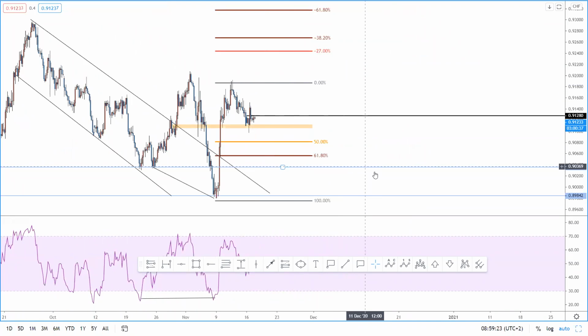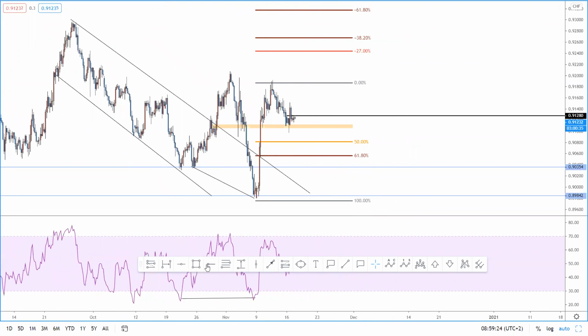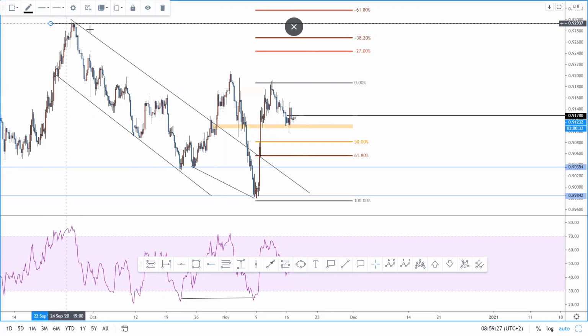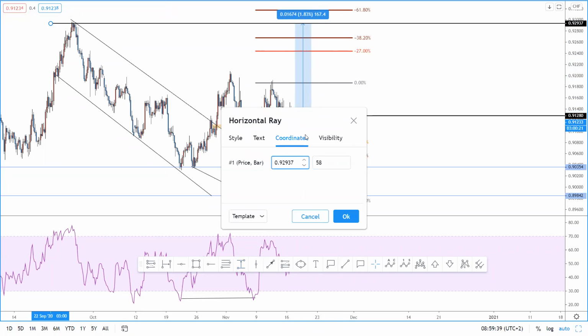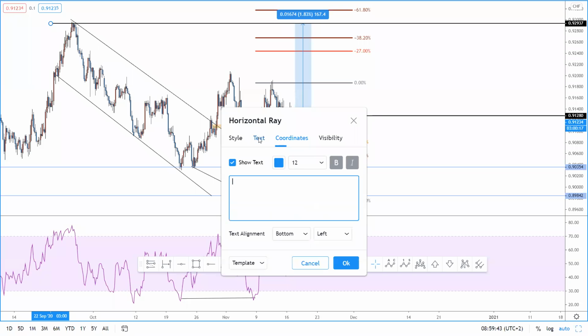Then we are looking to take profit at the high liquidity zone, the sell side, which will be that point. You see? So this opportunity all the way there, it's about 167 pips.